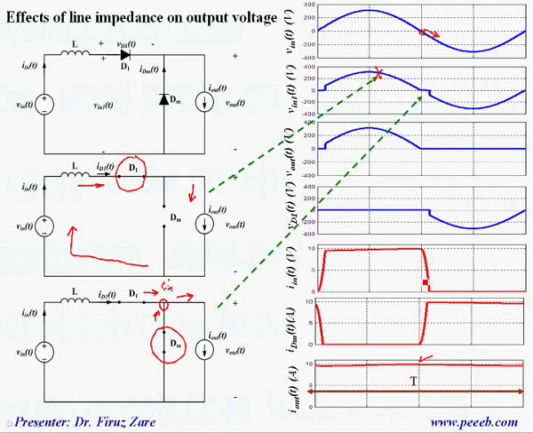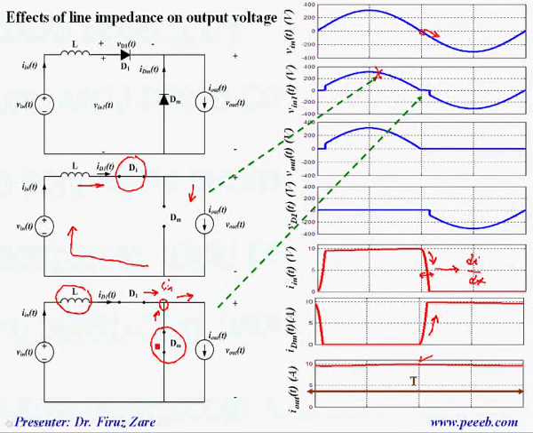So that's why over this short time, when the input current is decreasing, the current through the freewheeling diode is increasing, and here we can see that the IDT has been affected by line impedance. So basically we have a short circuit when this phenomenon happens.